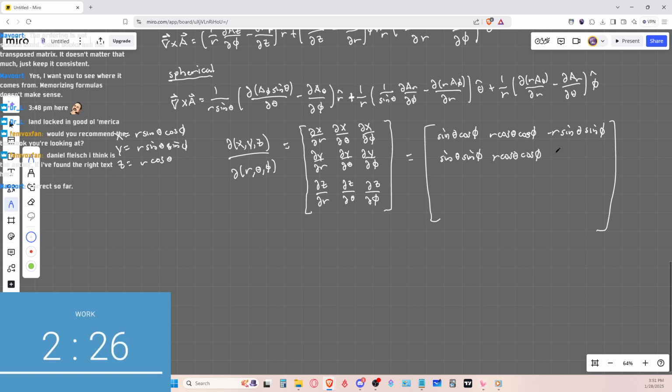Okay. Last one is, so that's r, and then yeah, that's cosine. So cosine, right? And then last is z. So r is just cosine theta. Then next it's gonna be minus sine.